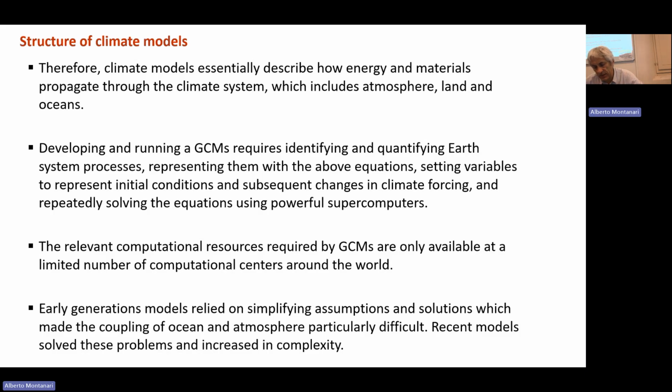Just to give you an idea, I said that the simulations for the whole of Italy have been produced only recently. These simulations at 3 kilometer resolution are particularly important because at this fine resolution, we can simulate convective processes. Convective processes are particularly important because they generate the summer storms.